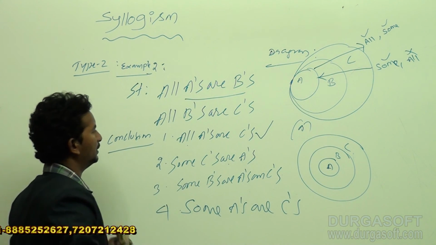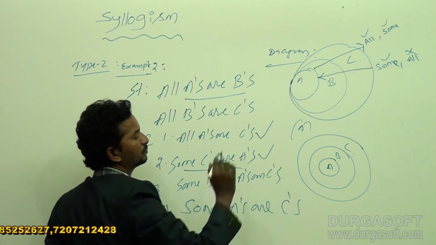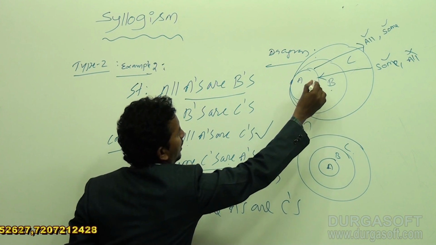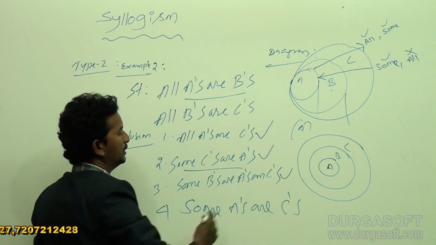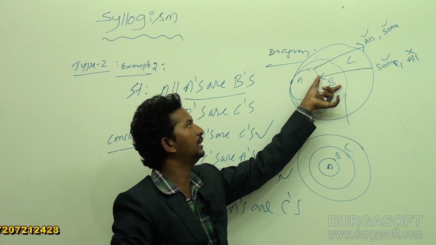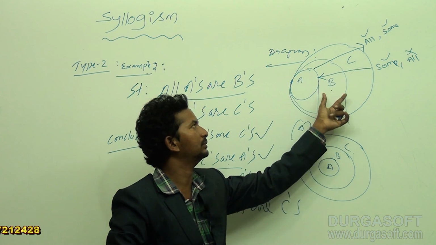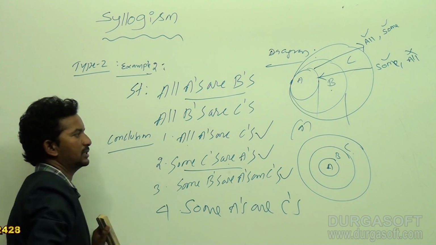Now coming to this one, some C's are A's. See, some is also true here. Coming to this one, some B's are A's and C's, so some will also be true. See, this is the intersection. B is the middle element here. A is in some half portion here. B also half portion. Some B's are A's and C's. This is true.